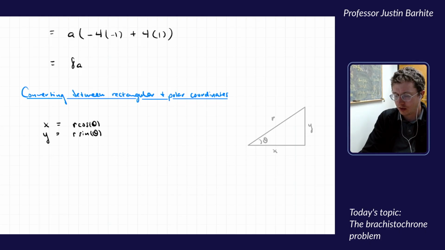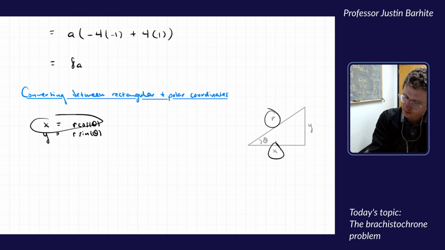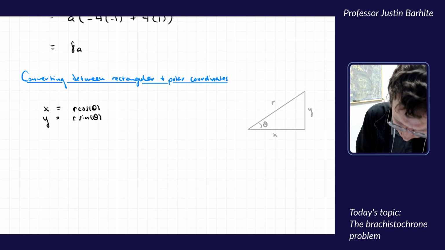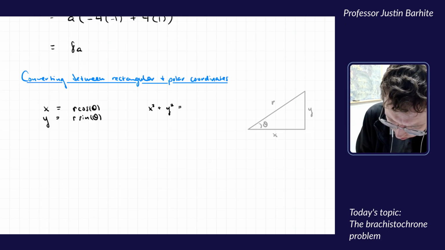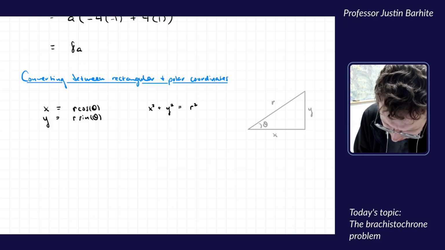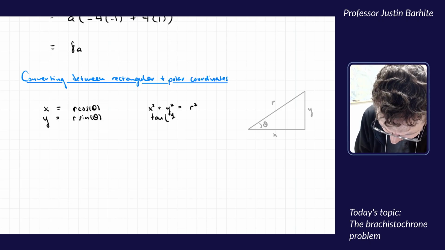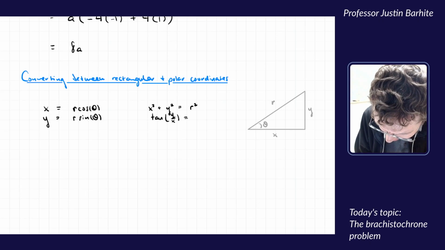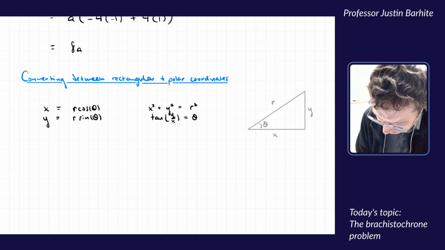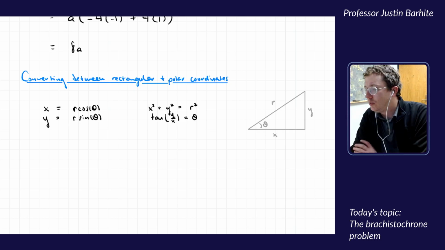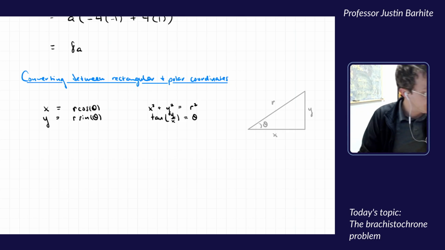SOHCAHTOA, by definition, cosine of theta is x over r. If you rearrange that, x is r cosine theta. And then the Pythagorean theorem tells you that x squared plus y squared equals r squared. And another thing I know is that the tangent of theta is y over x. So these are the equations that we use to convert between coordinate systems.